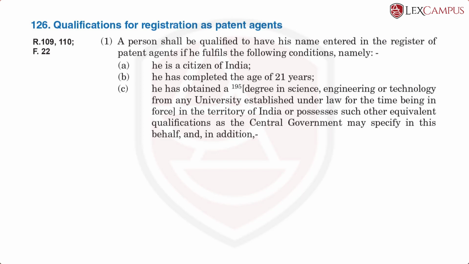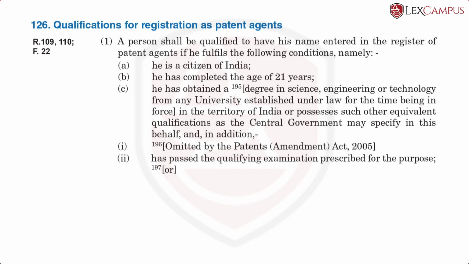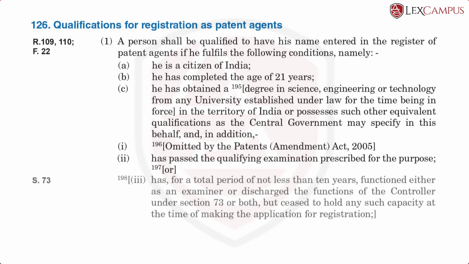Now, this is the preliminary qualification: citizenship, age and a degree in science, engineering or technology. In addition to this, the person should have passed the qualifying examination prescribed for that purpose, or for a total of not less than 10 years functioned either as examiner or discharged the functions of the controller, but cease to hold any capacity at the time of making the application.